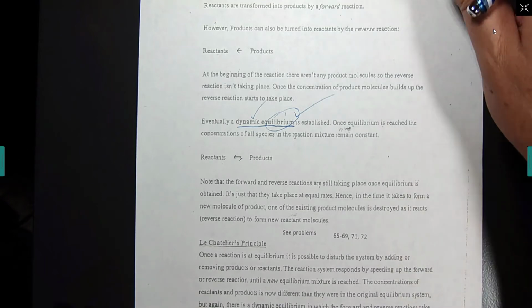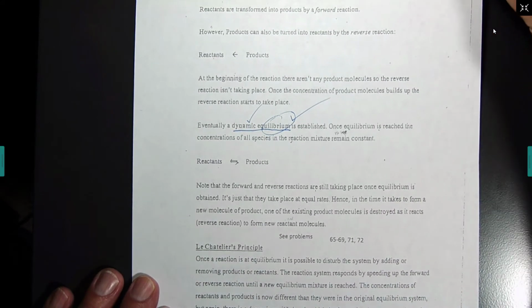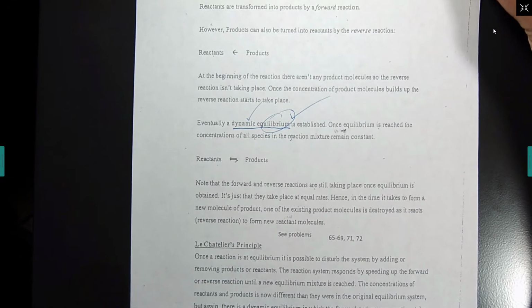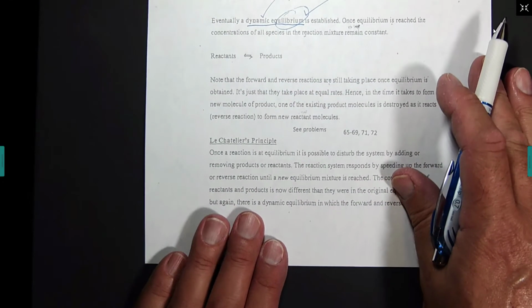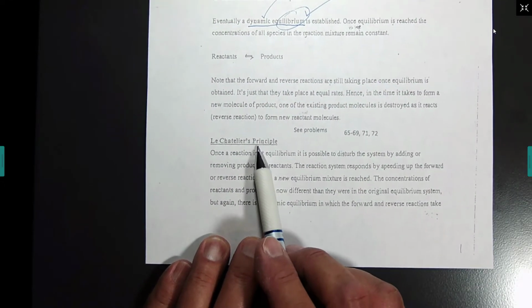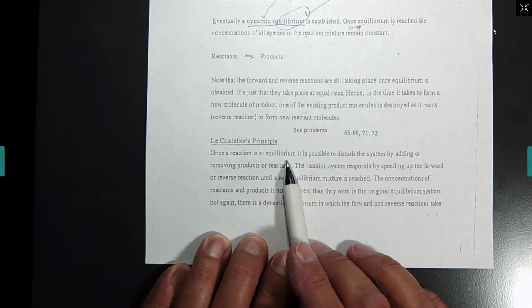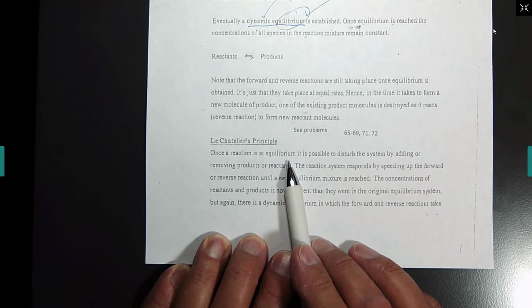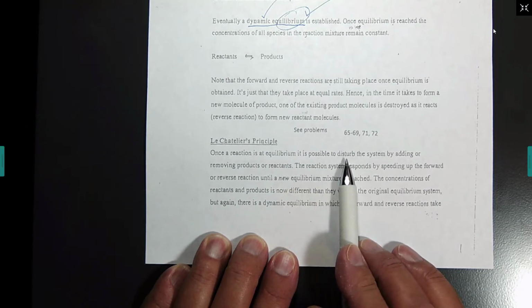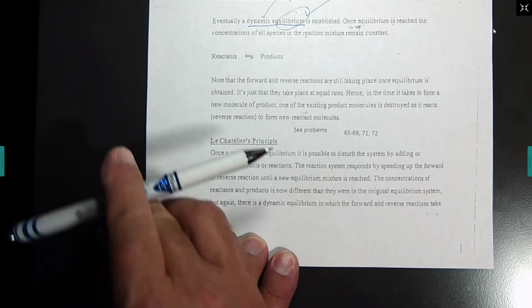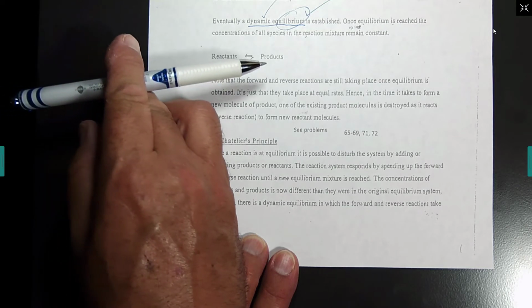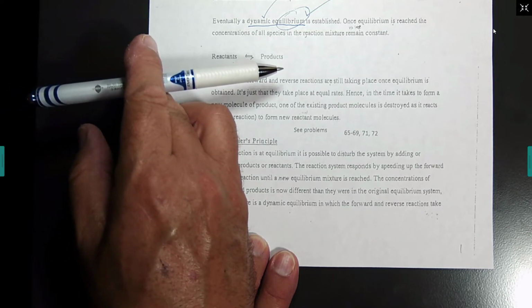Okay, so the big concept here, the qualitative aspects of equilibrium, are all embodied in what's called Le Chatelier's principle. Le Chatelier's principle says once a reaction has reached equilibrium, you can mess with it. You can disturb the equilibrium. You can force the forward reaction to dominate, and then you'll end up making more products.